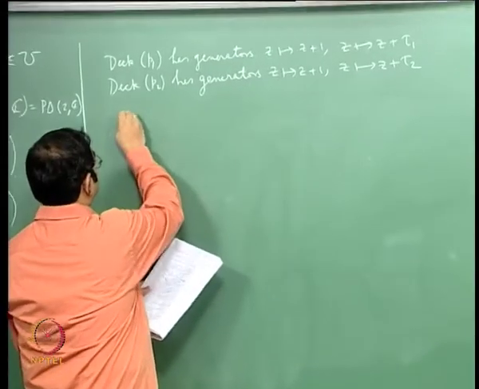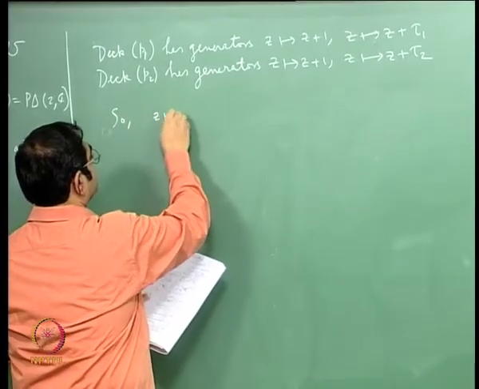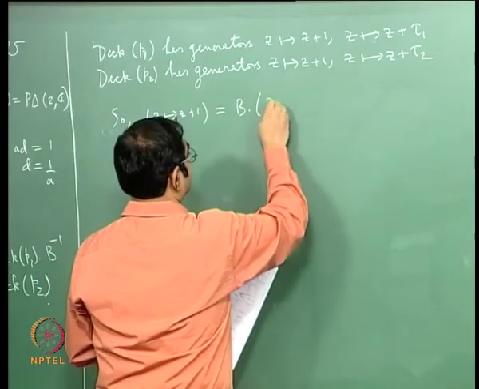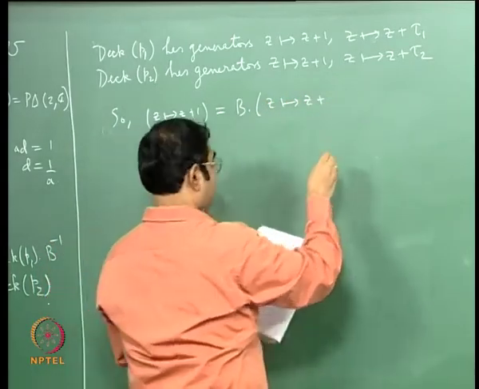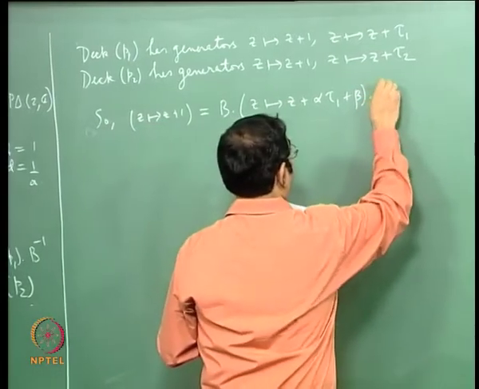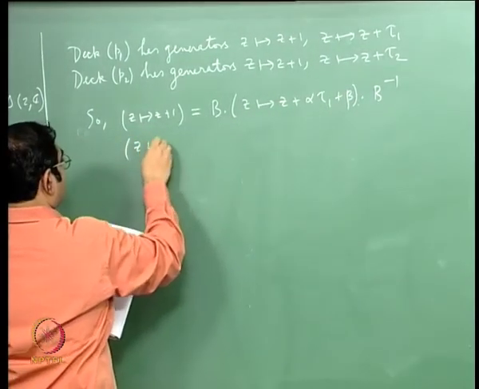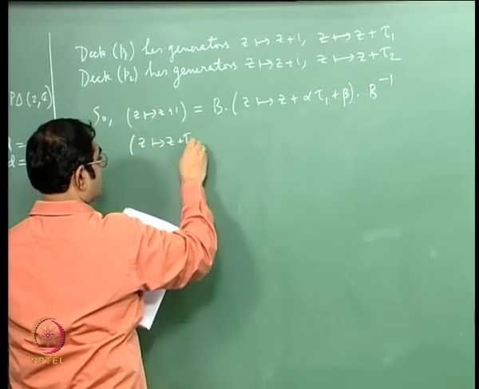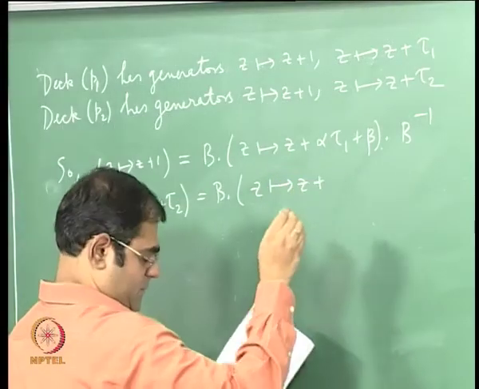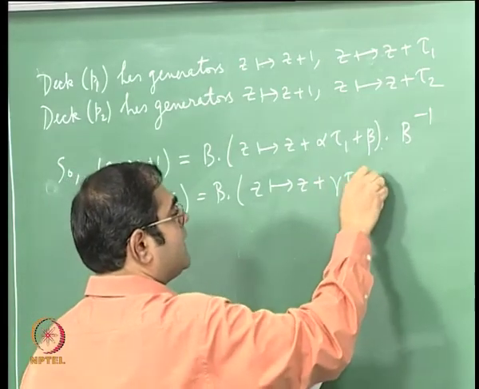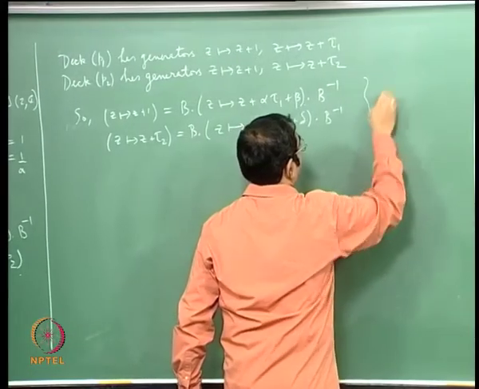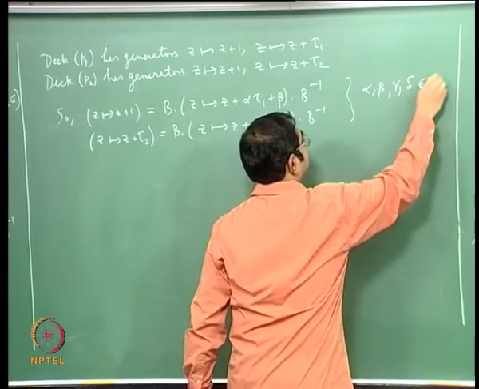You can write z going to z plus 1 is equal to b times (z going to z plus alpha tau 1 plus beta) times b inverse, and z going to z plus tau 2 is b times conjugation by b of (z going to z plus gamma tau 1 plus delta) times b inverse, okay, where alpha, beta, gamma, delta are integers, okay.